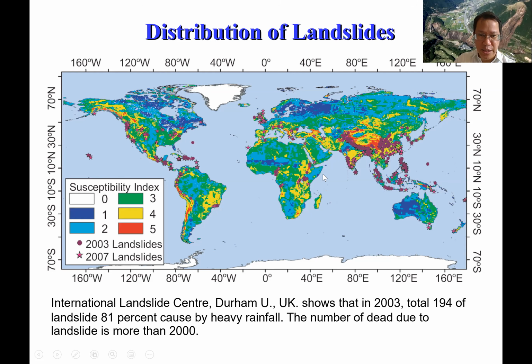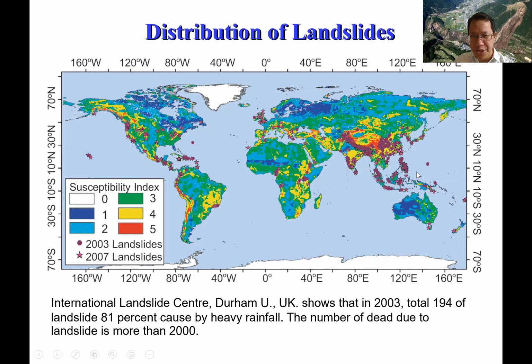You can see the susceptibility index, showing the levels of susceptibility to landslides. There is also information not only for 2003 but also 2007, which also had a lot of landslides.